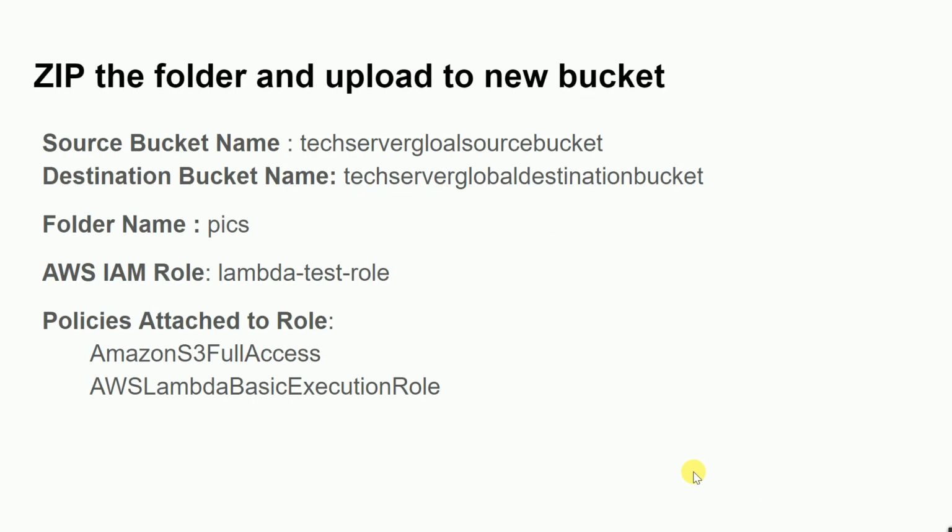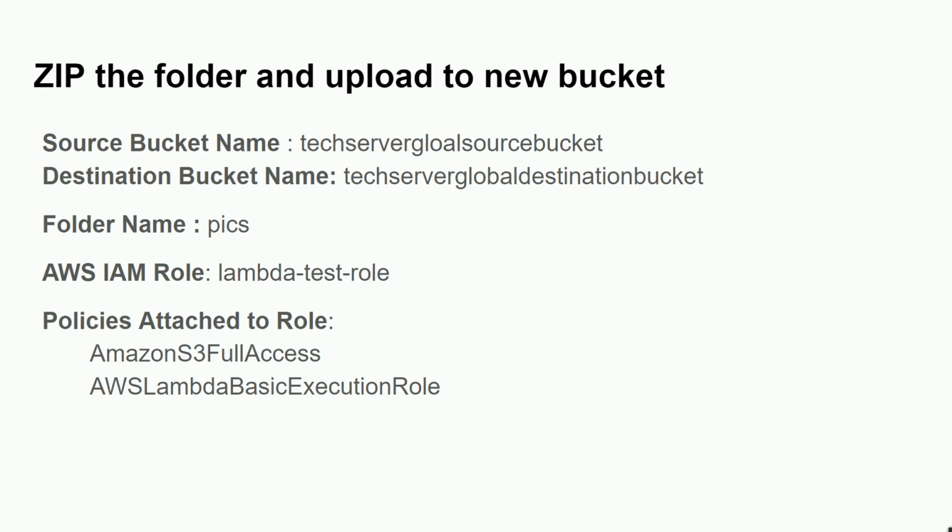Now it comes to the demo part. In the demo I have used S3, which is a service where I set up a certain Lambda function on a Python based application.